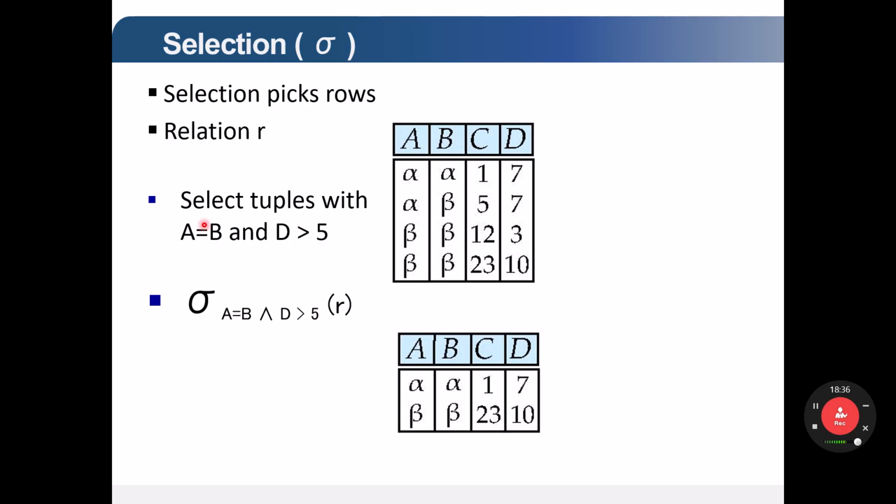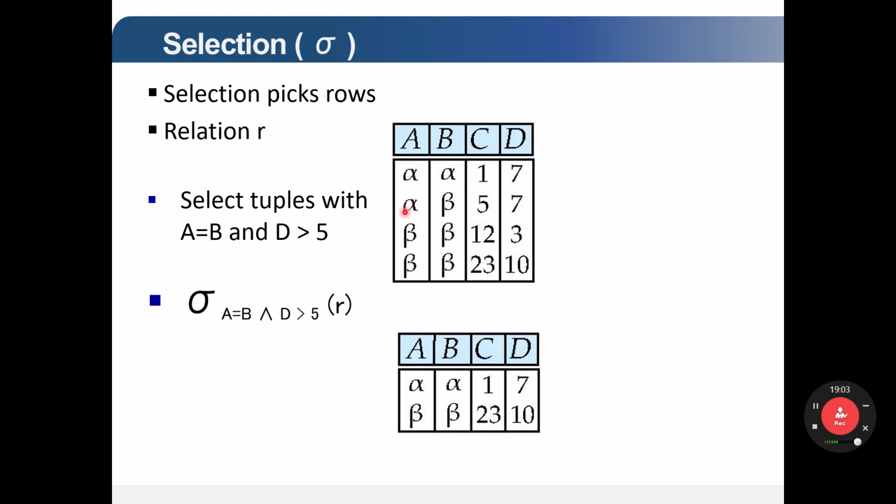This predicate says that value of A must be equal to value of B, and D must be greater than 5. So let's look at this example table. A is alpha, B is alpha. Okay, this satisfies the first condition. But D is also greater than 5. So this first tuple satisfies this given predicate. Therefore, this first tuple must be included in the output table.